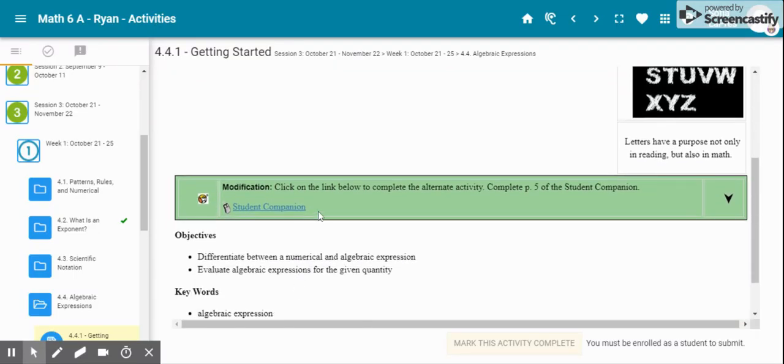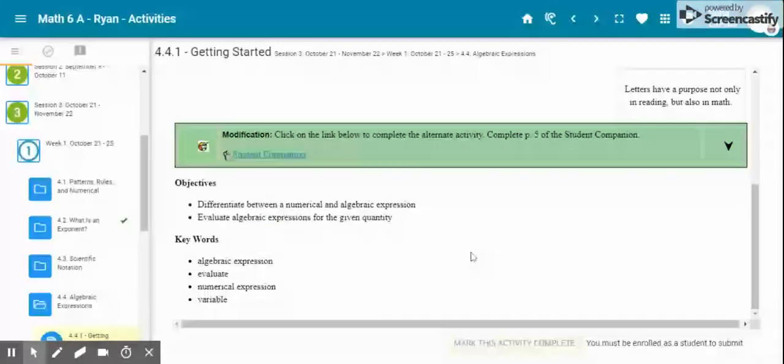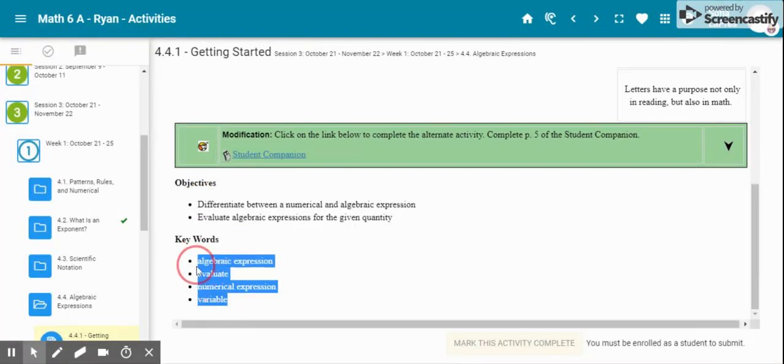Okay. You do not have to do this piece, the student companion, but you may if you'd like some additional practice. And then feel free to read through the objectives and the keywords: algebraic expression, evaluate, numerical expression, and variable. It could even be a good idea to take a minute and write these down as your keywords.